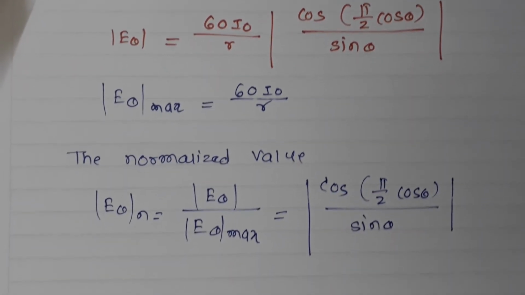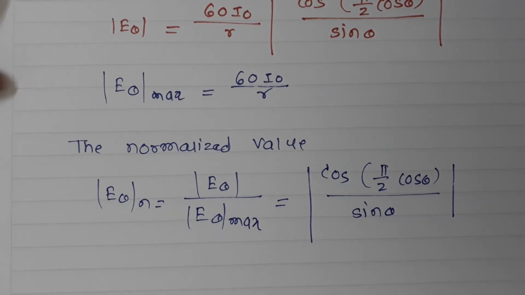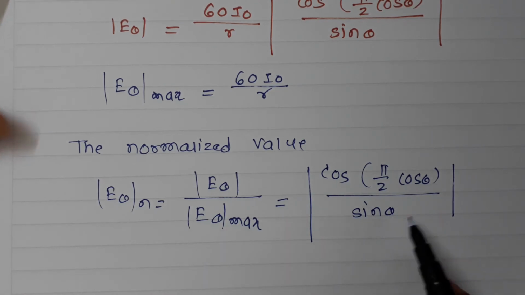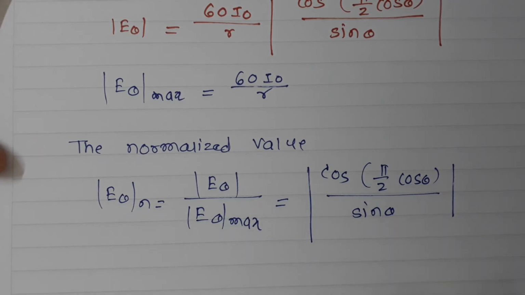This is nothing but the normalized value. Now you can see this is a function of theta. For different values of theta, the plot must be obtained. First we'll talk about the E plane or vertical pattern in phi equal to 0, and then we'll talk about the H plane pattern.